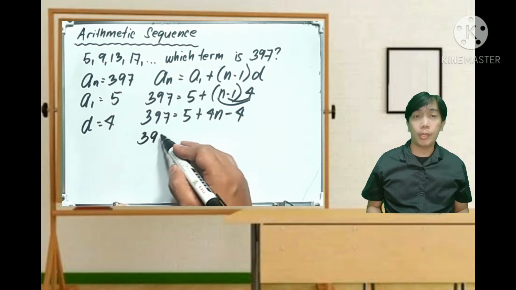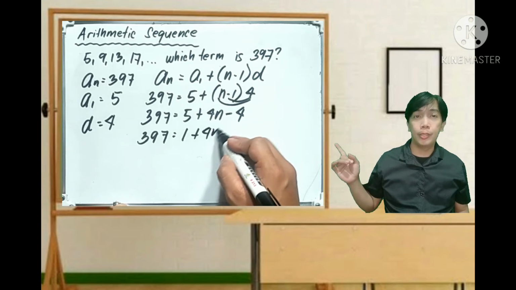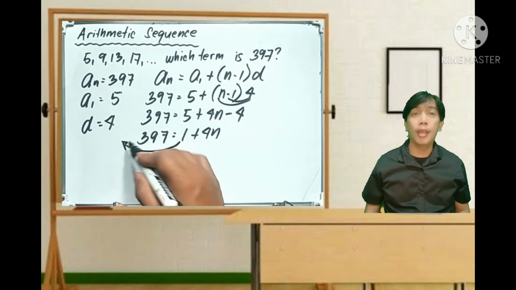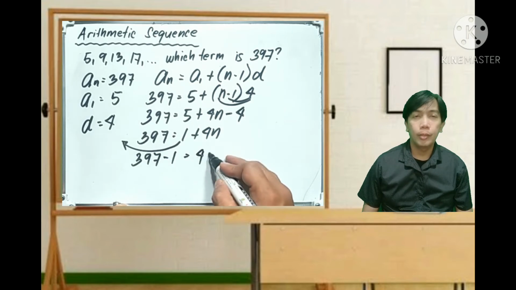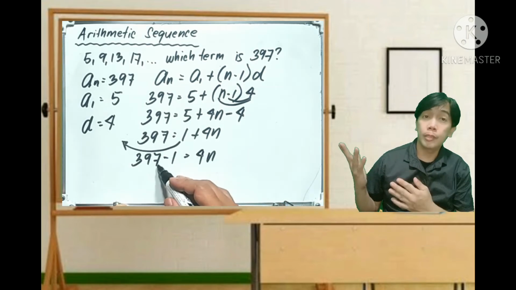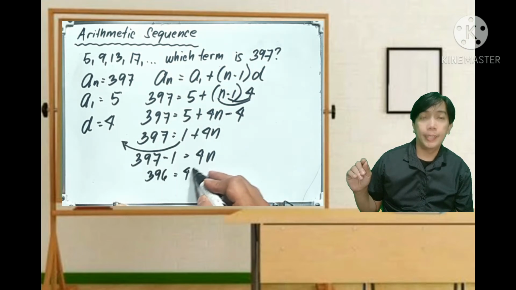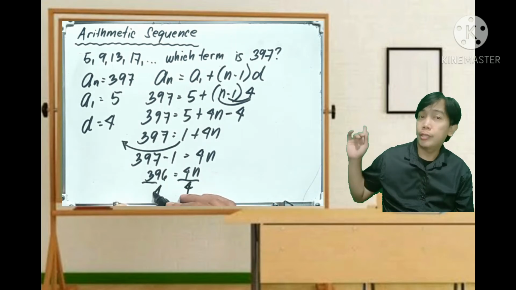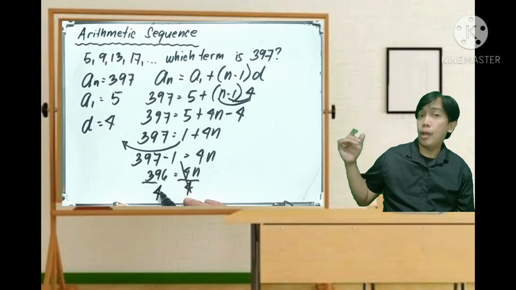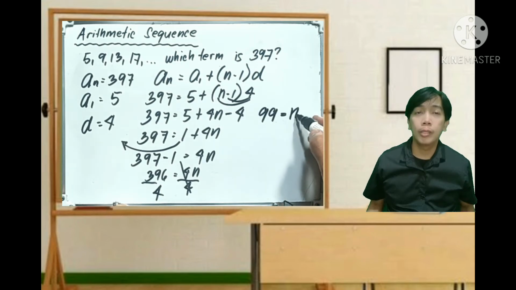So solving the formula, 5 minus 4 is equal to 1, plus 4n. Transposing 1 to the left side, we have 397 minus 1 is equal to 4n. 397 minus 1, that is 396, is equal to 4n. Dividing by the coefficient of n, which is 4, 396 divided by 4, the answer is 99, is equal to n.